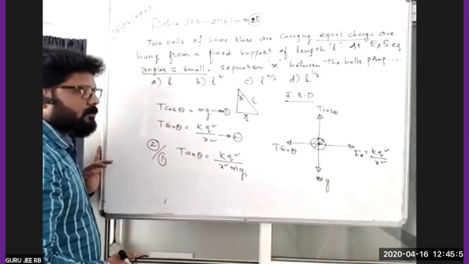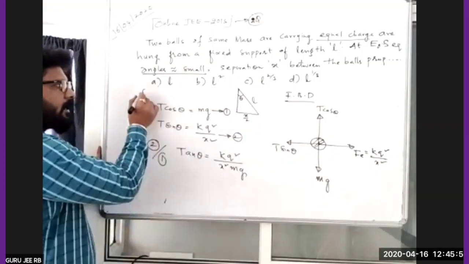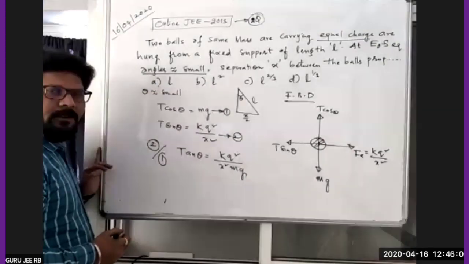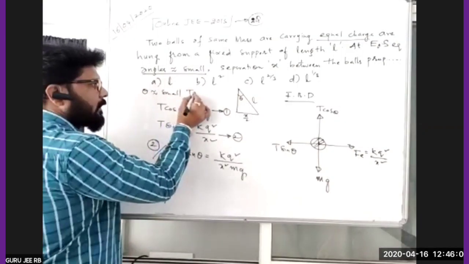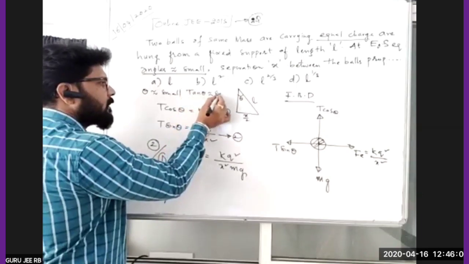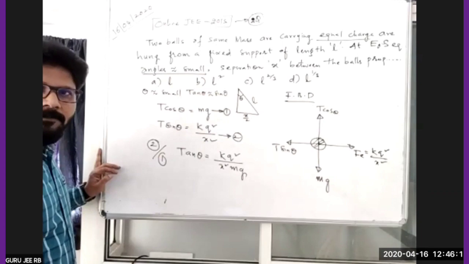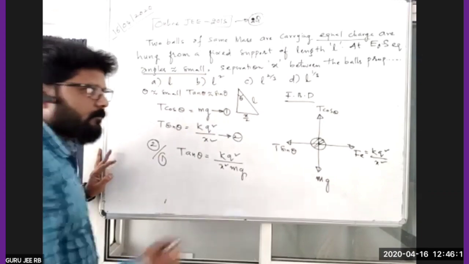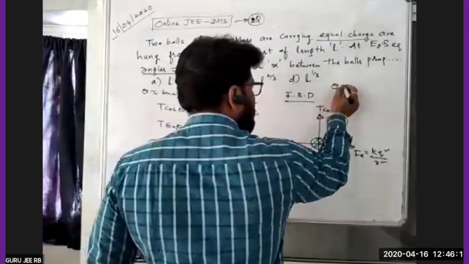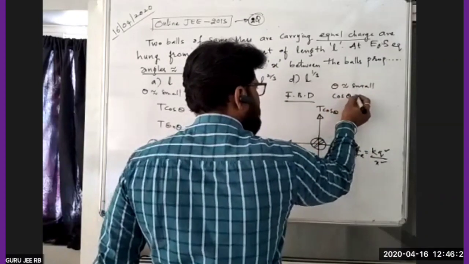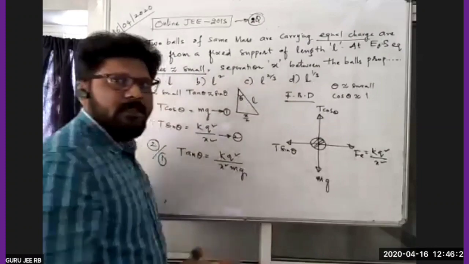Next, tan theta. From this triangle, when theta is small, tan theta is approximately equal to sin theta. Can I write this one? Mathematical approximation. Do you know? When theta is small, cos theta will become 1 because theta is tending to 0.